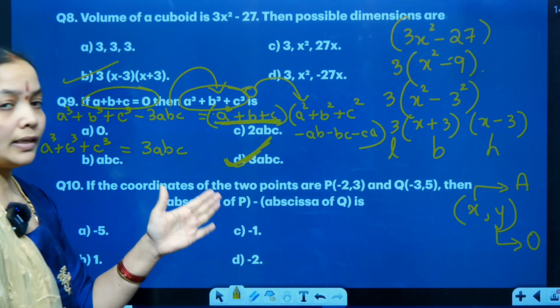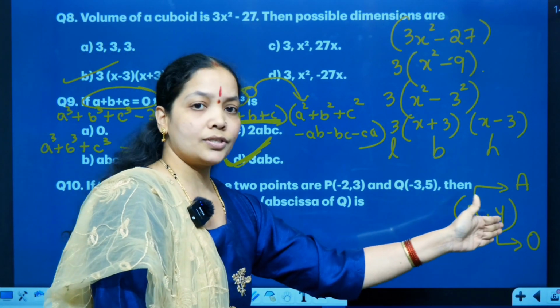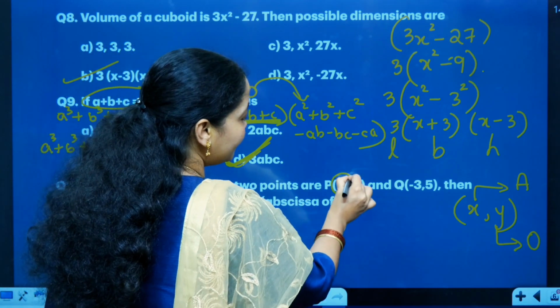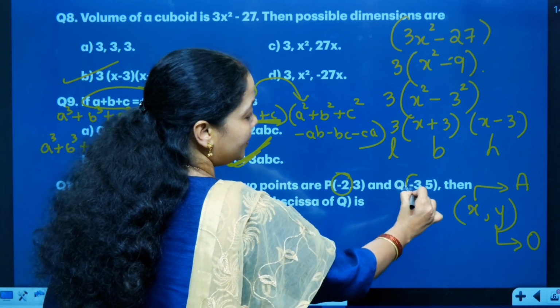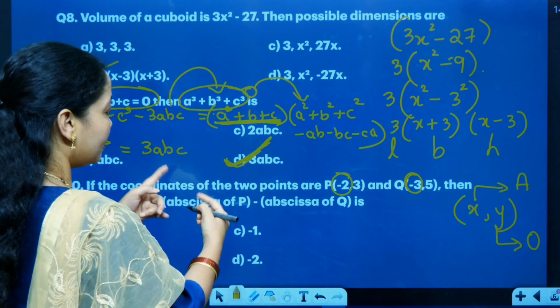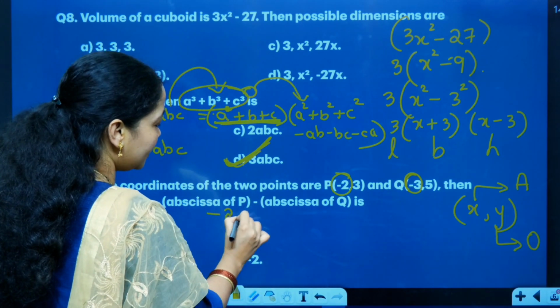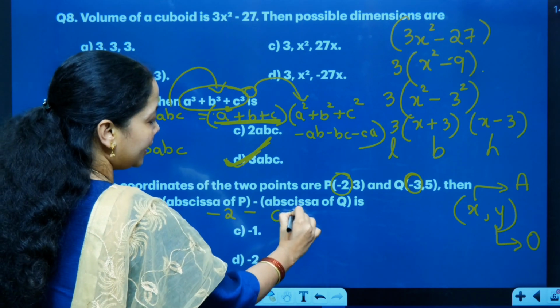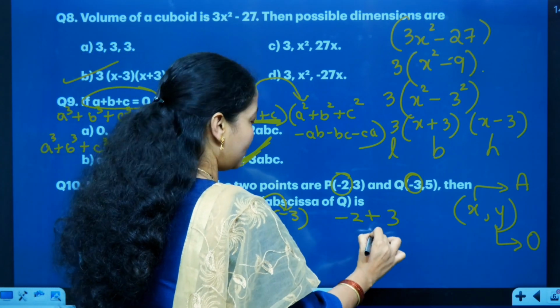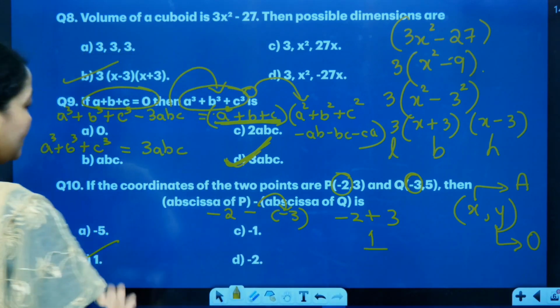My x points are called abscissa and my y coordinate is called ordinate. So this will be my abscissa of point P and this will be the abscissa of point Q. They are asking me to subtract, that is negative 2 subtracted with negative 3. That is negative 2 minus into minus plus 3, which is 1, which is option B.